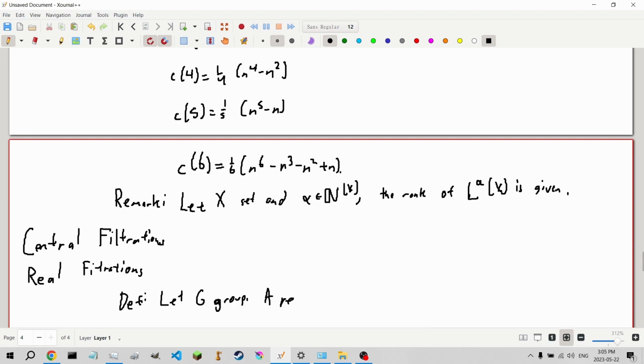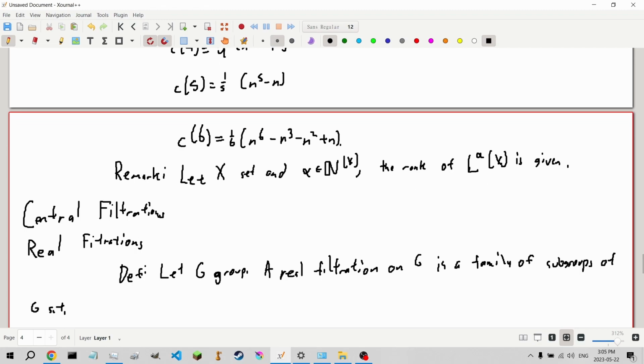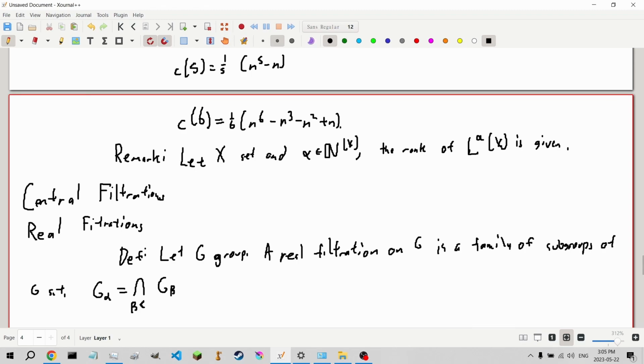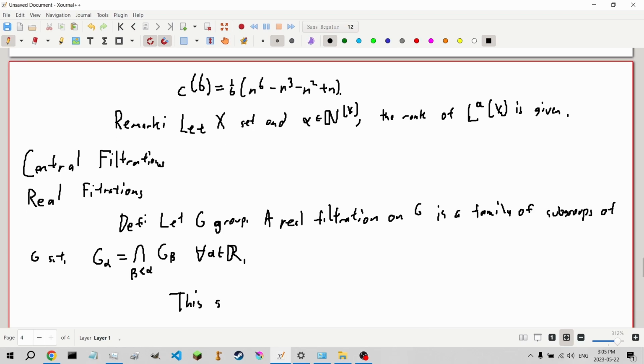A real filtration on G is a family of subgroups of G such that G alpha is the union of G beta for beta greater than alpha, for all alpha in R. This gives that G alpha is going to be inside G beta for beta less than alpha, so our family G alpha is decreasing.